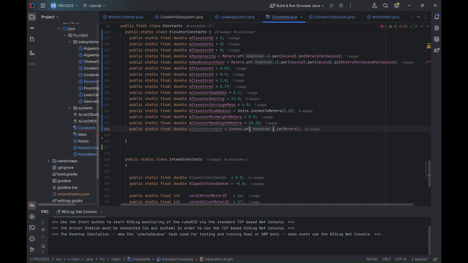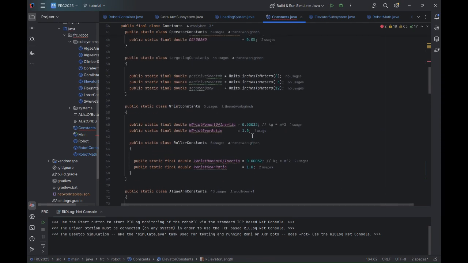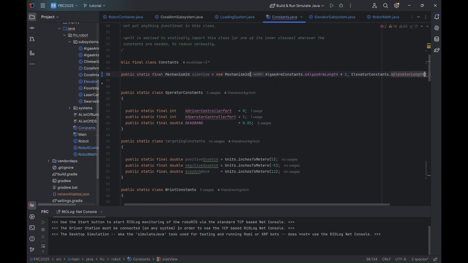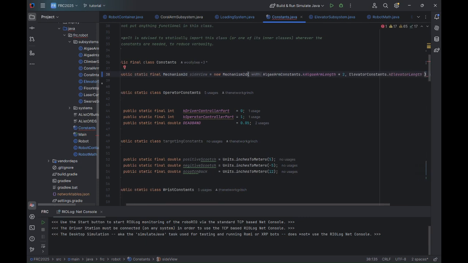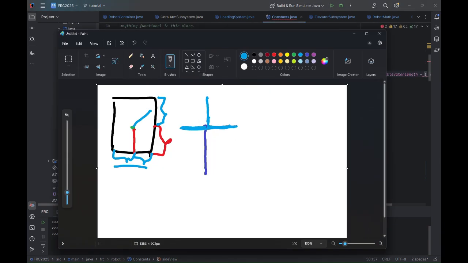And I'll just put like 33. And it should be like plus, yeah. Remember, elevator length plus the arm length.